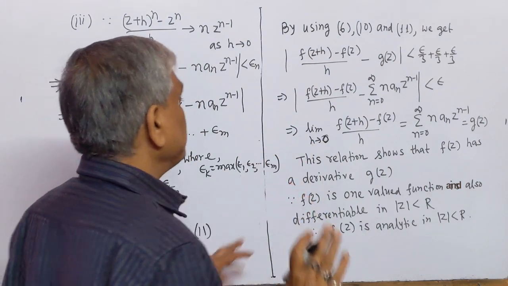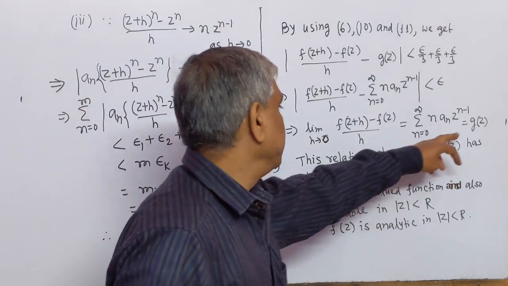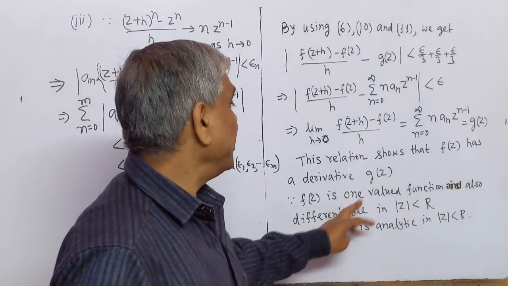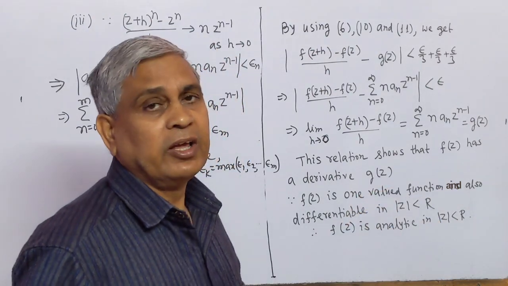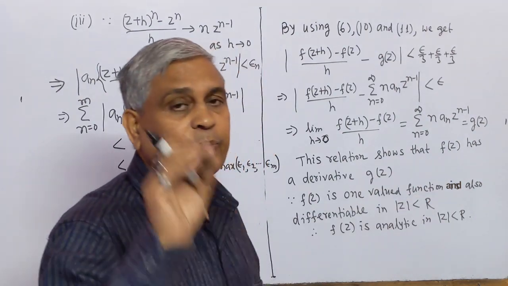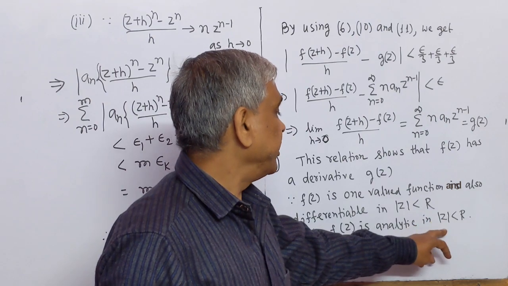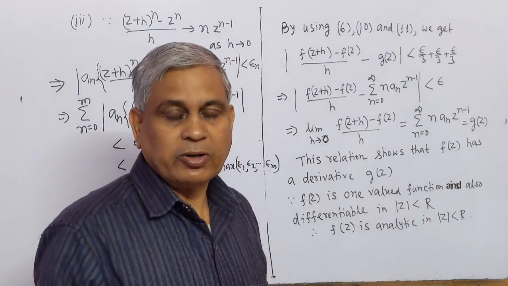This relation shows that f z has a derivative g z. Since f z is a one valued function and is also differentiable in modulus of z less than r, therefore f z is analytic in modulus of z less than r. So our theorem is proved.